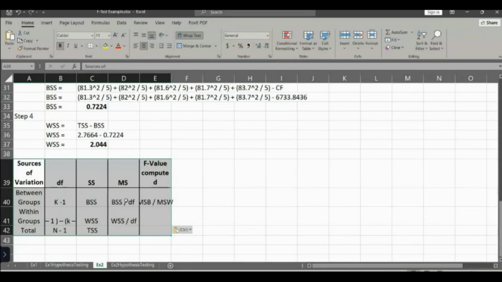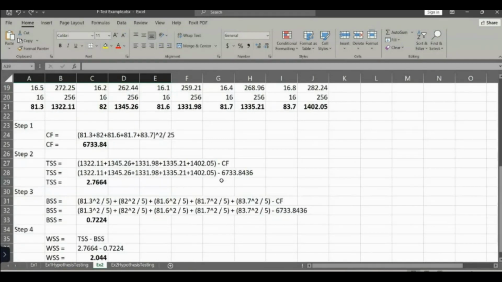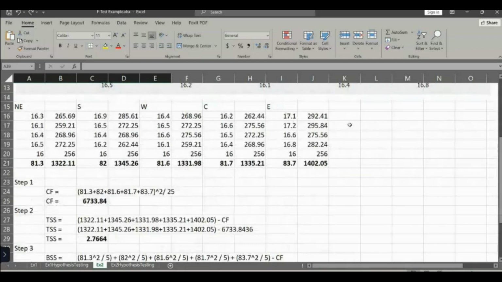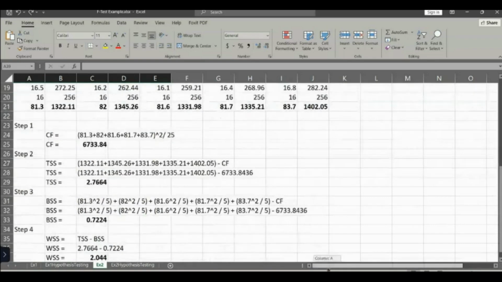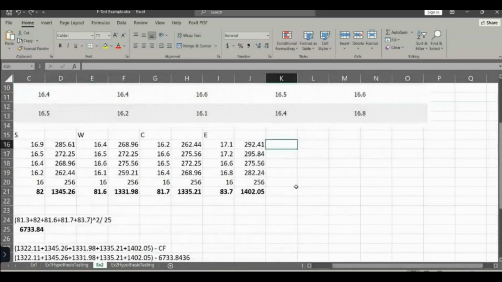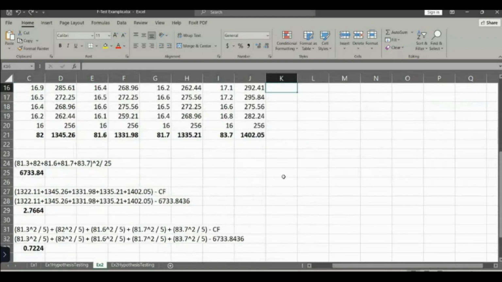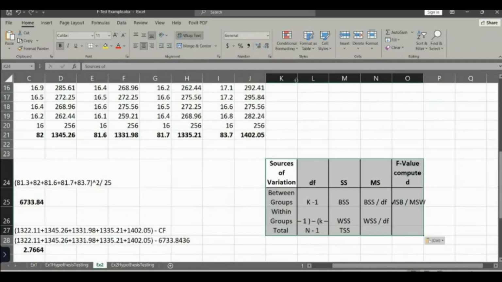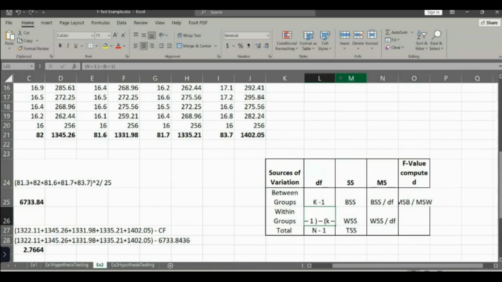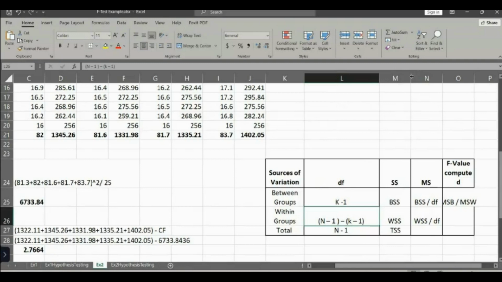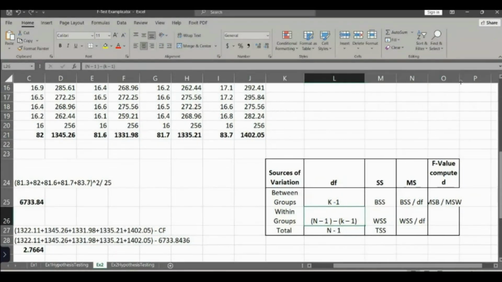Lagay ko siya dito para maayos ko yung kanyang, ayun, palakihin lang natin. Okay.